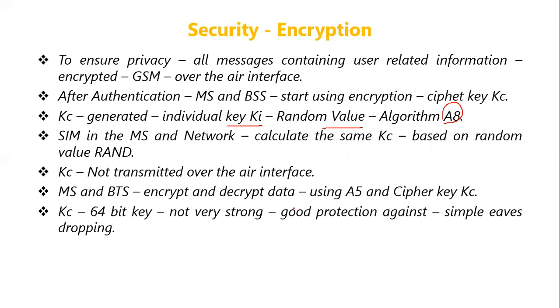Okay, and the publication of A3 and A8 on the internet. As we have discussed, A3 and A8 were already published on the internet. It showed that in some of the implementations, 10 of the 64 bits are always set to 0. Even though the cipher key KC uses 64 bits, in some cases it was found that 10 of the 64 key bits were always 0.